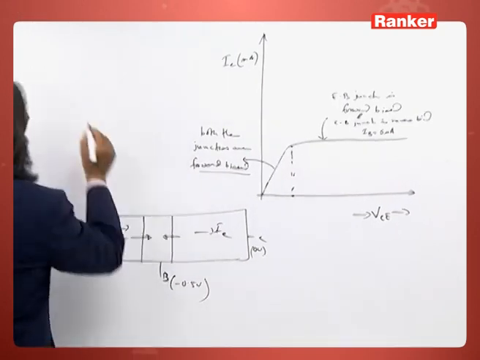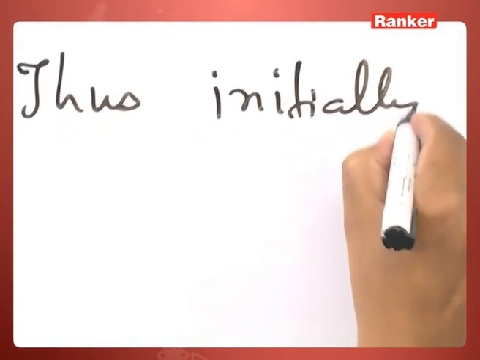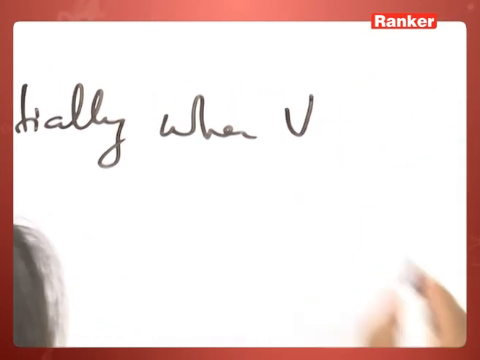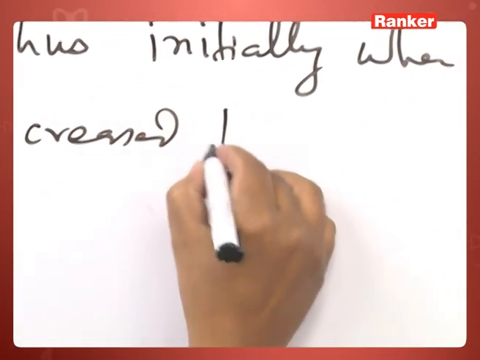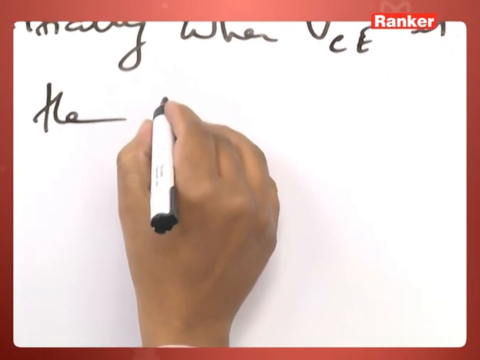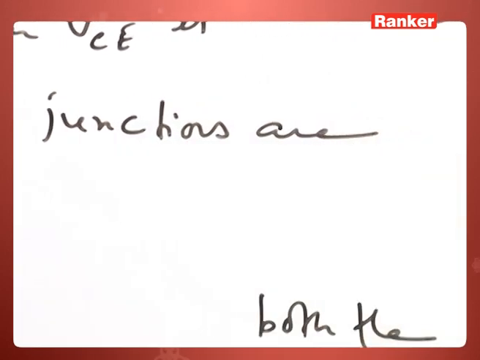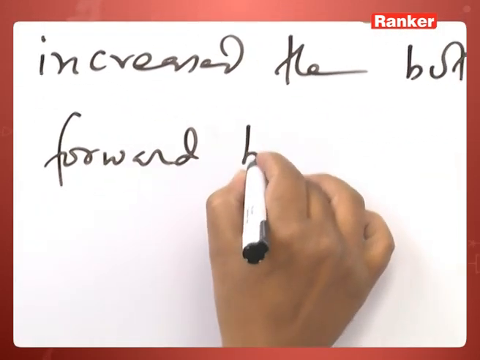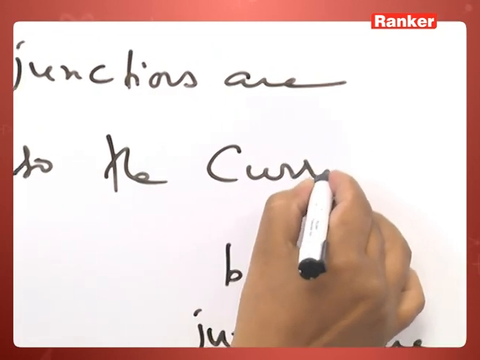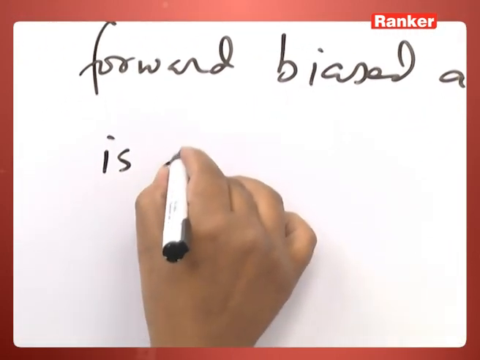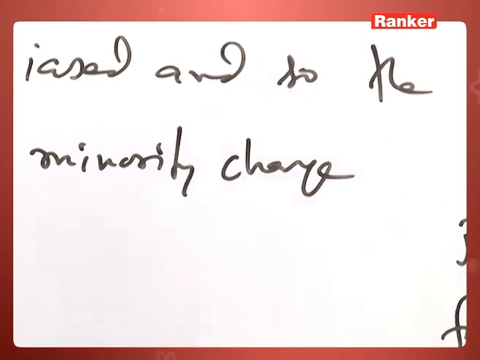Let us write this whole thing. So, thus initially, when VCE is increased, both junctions are forward biased and so the current is due to minority charge carriers.